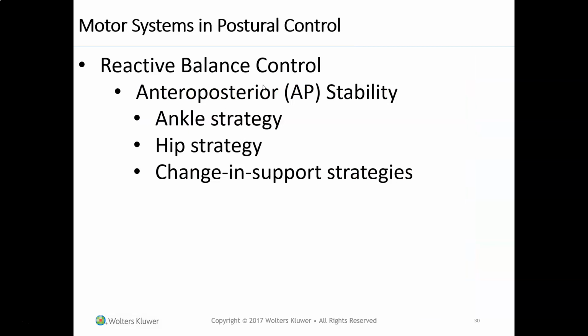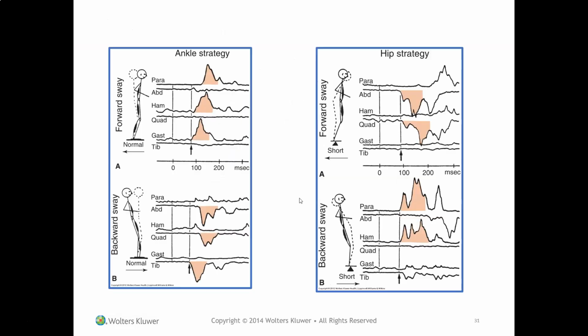Now, reactive balance, you have anterior posterior stability, and how you're going to get that, you're going to use your ankle or you're going to use your hip for forward to back stability. Now, during the ankle strategy, during the forward sway, you got your paraspinals working, not so much your abs, but you got your hamstrings working and your gastrocs working.